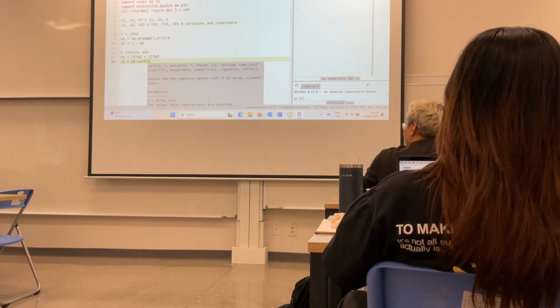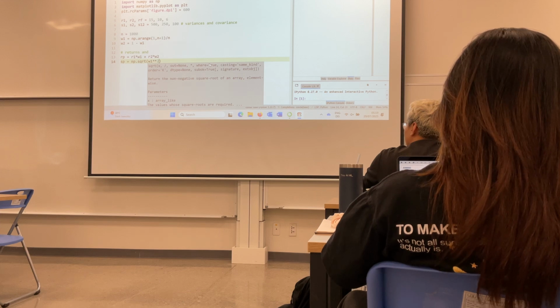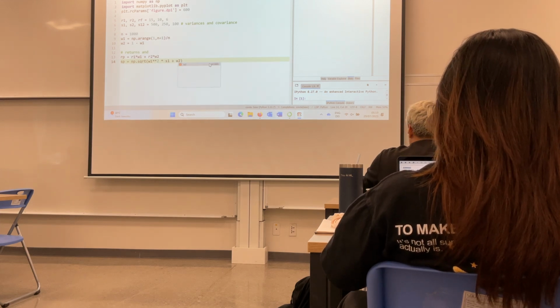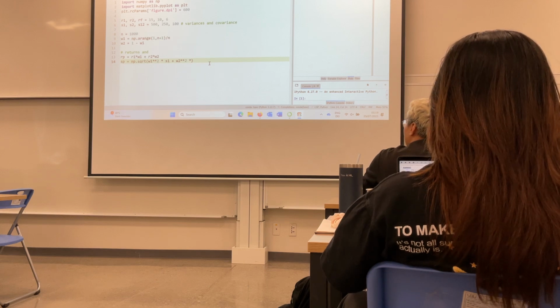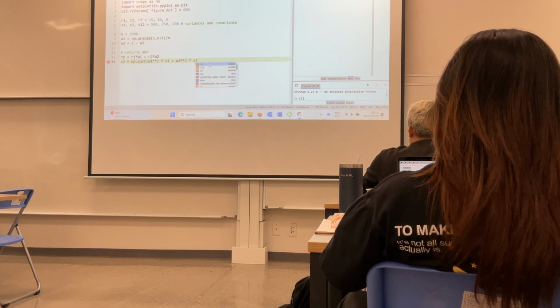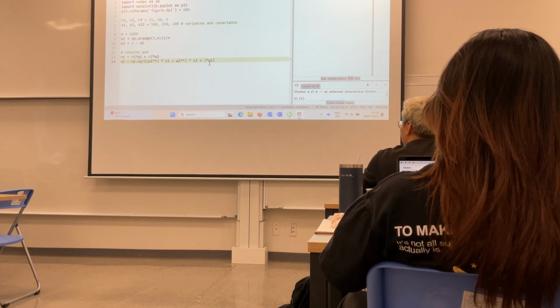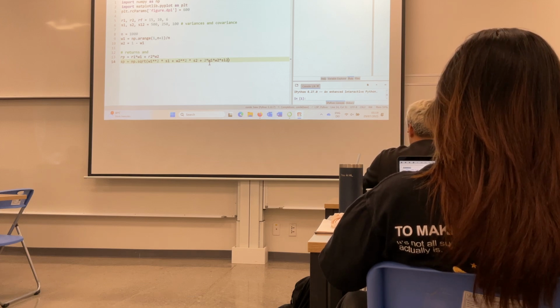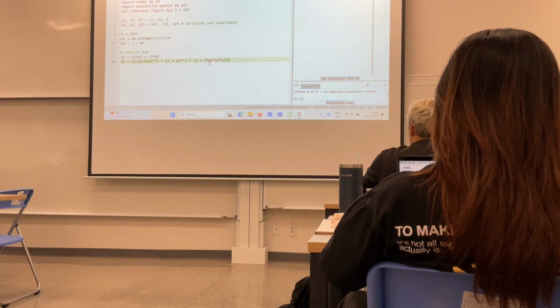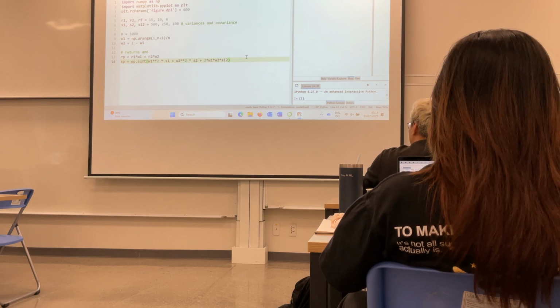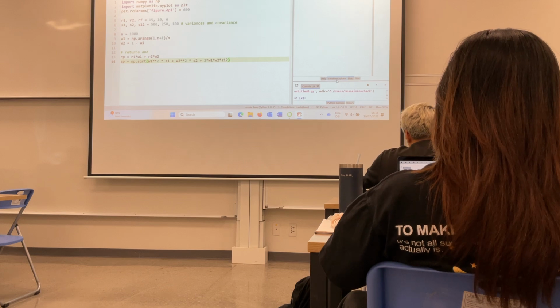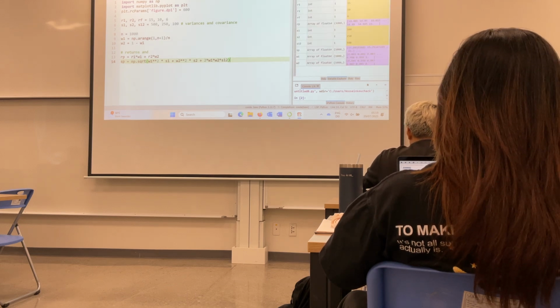So that will be W1 to the power of 2 times S1, which is the variance, plus W2 to the power of 2 times S2, plus 2 W1 times W2 times S1 2. Well, let's just run it. It seems to work.